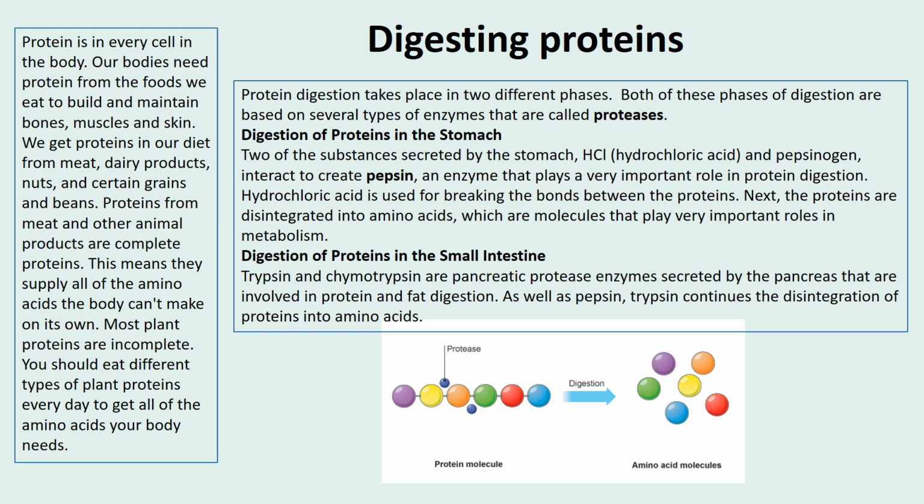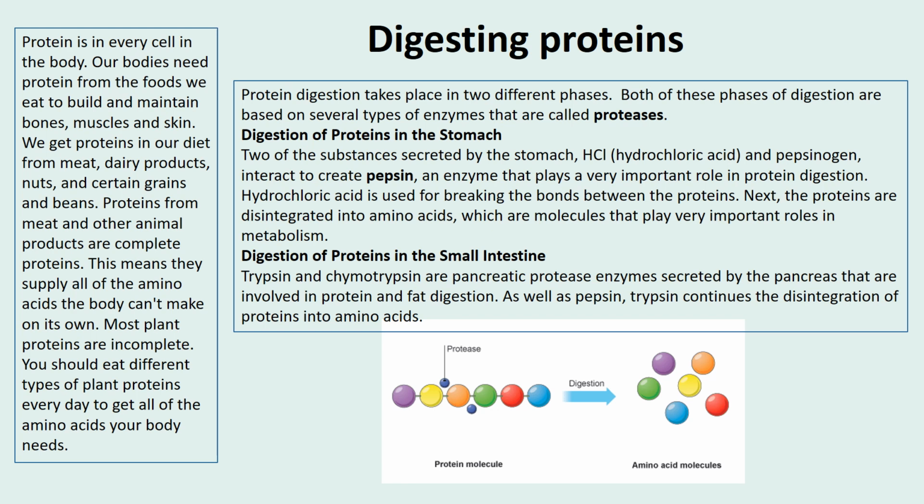Now, one example of a protease that you do need to know about is called pepsin. You can see that word in bold in the middle. This is one that is produced in the stomach. So it works best, it has an optimum condition of much lower pHs than in other parts.